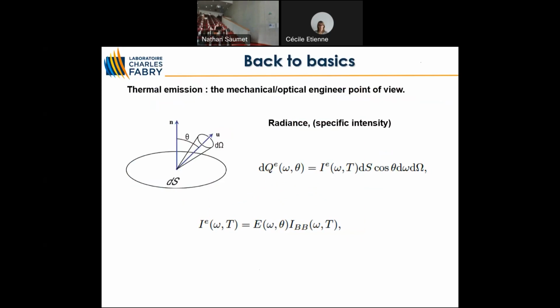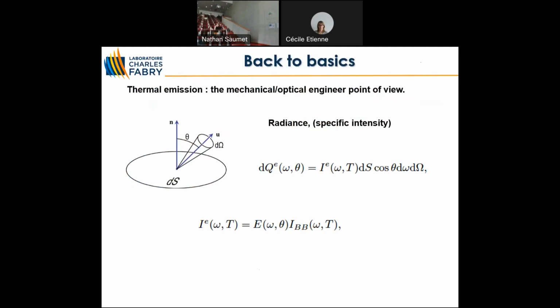Okay, back to basics. The key concept here is radiance, or specific intensity, luminance in French. This is a concept that's coming from mechanical engineering or optical engineering or radiometry, you name it.